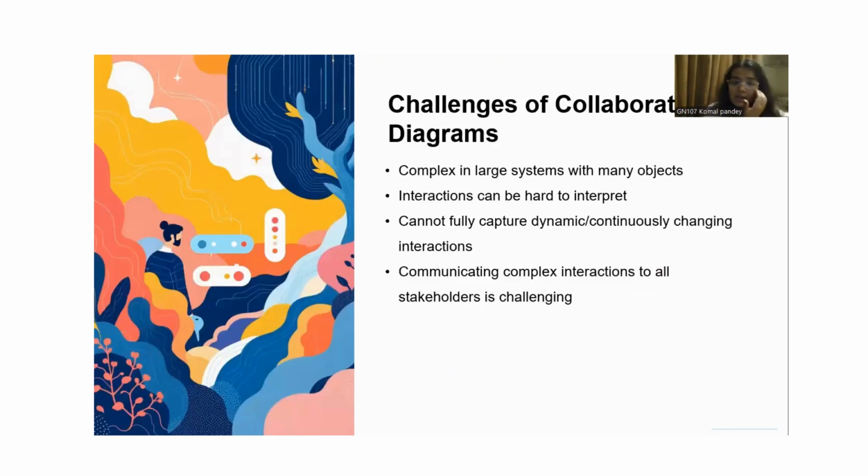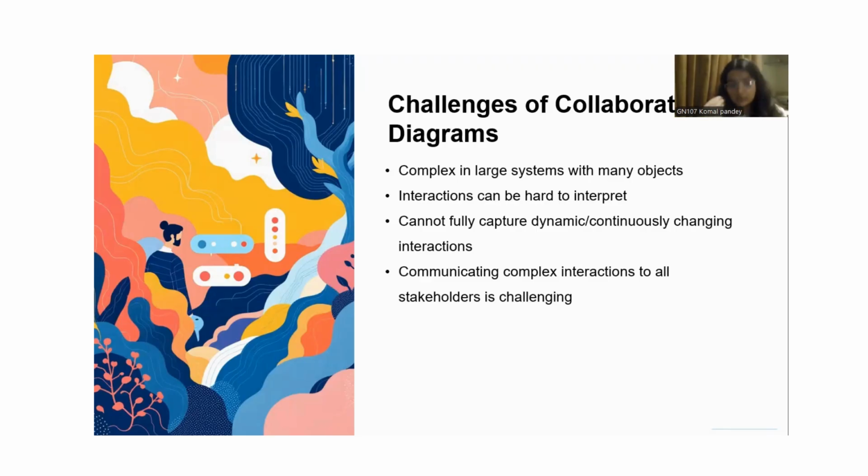Moving on to the next slide, the challenges we face while making collaboration diagrams. While collaboration diagrams are very useful for software design, they do have some challenges. They can get confusing in large systems with many objects, and the interactions may be hard to interpret, leading to all sorts of misunderstandings.